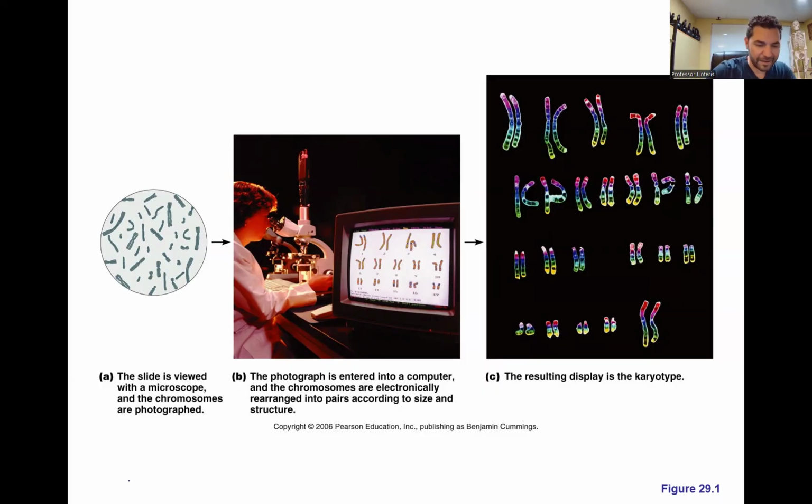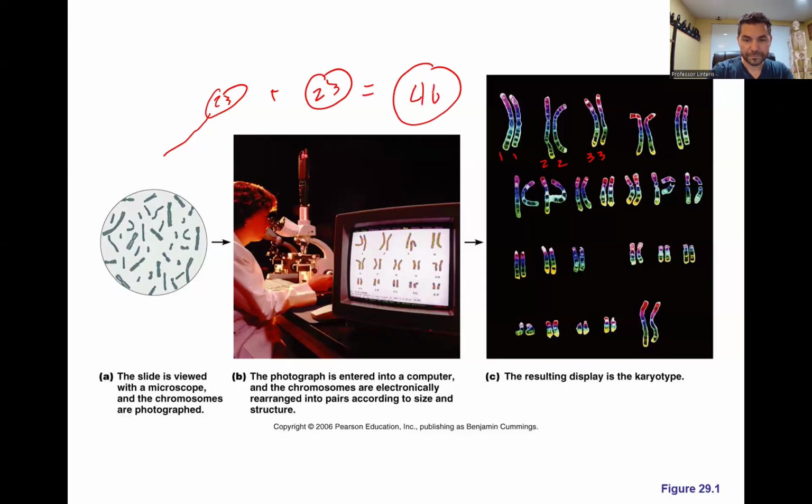But the key thing here, and we'll talk about this when I get more into the Punnett squares, is that we have two chromosome number 1s, two chromosome number 2s, two chromosome number 3s, and that is because, if you recall, the sperm met with the egg, and then they formed a diploid cell, which was composed of 46 chromosomes.